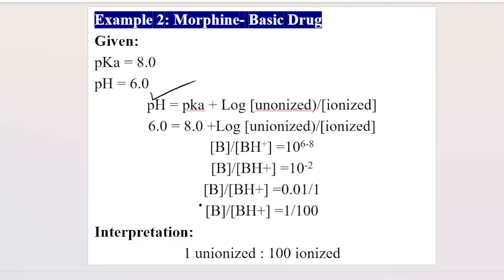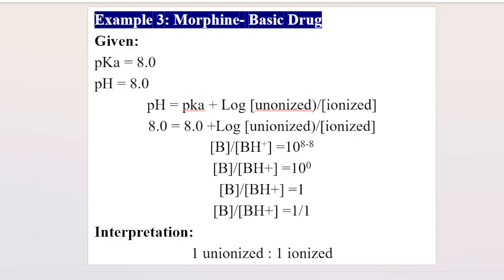That means if there are 101 molecules, only one molecule will be in the unionized form, and most of the drug will be in the ionized form. So this is about morphine, about the basic drugs.